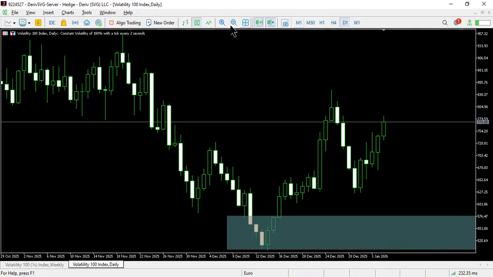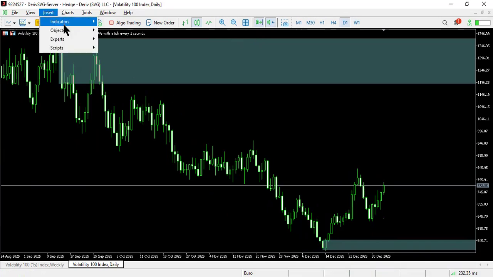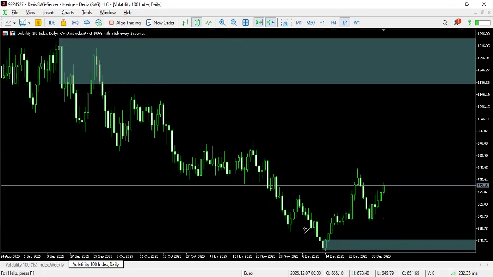We go to the daily time frame. From the daily time frame, we can see price is pushing up from this demand zone. And then if we study the recent price action, we can see a break of structure.